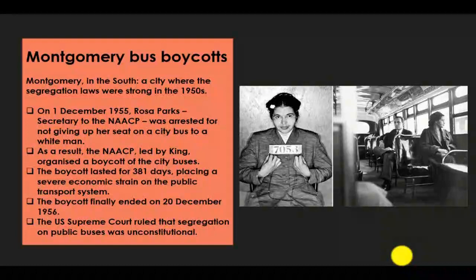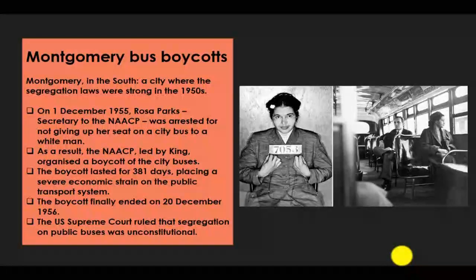So sources around this might be one of the case studies that might be used in your final examination and in your mock examination. Sometimes you might look at just one of these case studies, so there will be several sources, both visual sources as well as your 3 written sources, your 1 visual source, which might be on one of these case studies, so they might look at just the Montgomery bus boycotts.